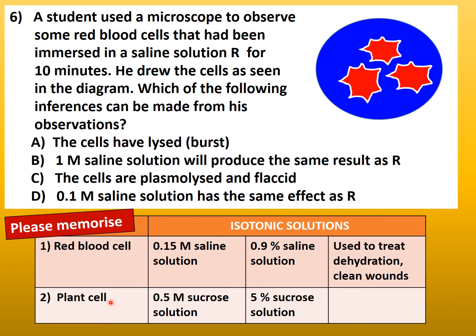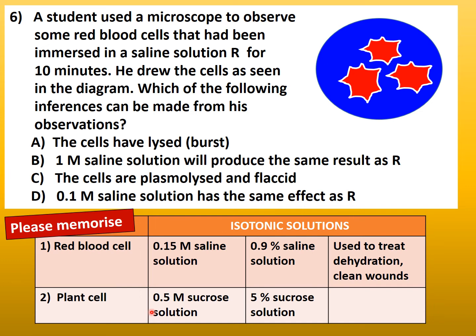Lastly, you have to study this table and make sure you know all the values here. For red blood cell, the isotonic solution is 0.15 M saline solution, or sodium chloride solution, or salt solution. Molar means 0.15 moles of sodium chloride dissolved in 1000 ml of water. 0.9% means 0.9 grams of sodium chloride dissolved in 100 ml of water.